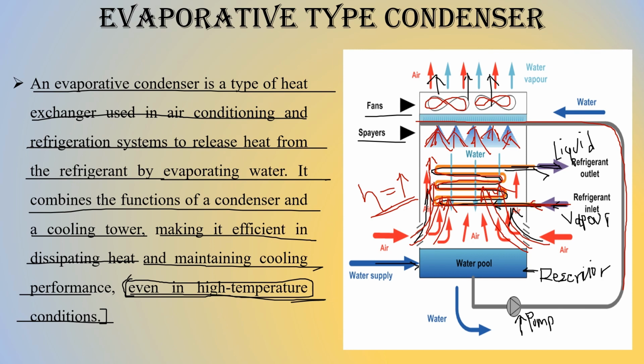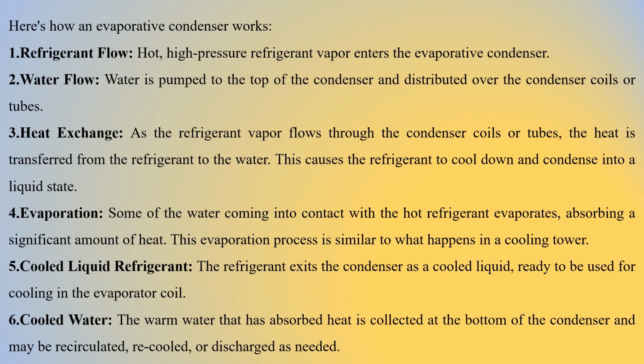Okay, understood the working. Now let's see. So now here is the working of an evaporative condenser. First one, that is refrigerant flow. So the high pressure refrigerant vapor enters the evaporative condenser. Water flow. The water is pumped to the top of the condenser and distributed over the condenser coils or tubes.